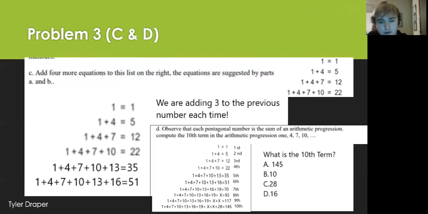So we got our third term, and that equals 7.